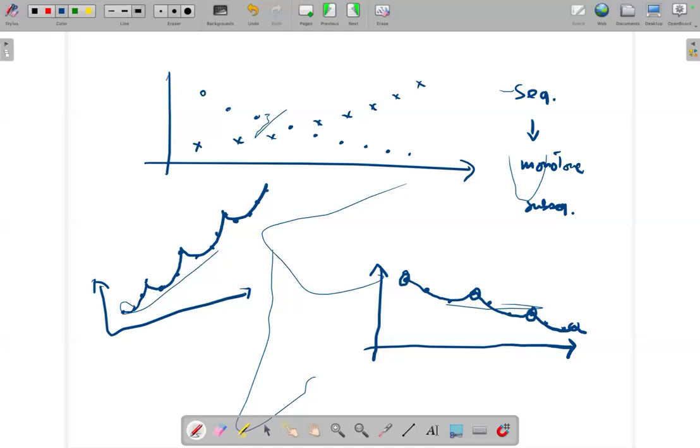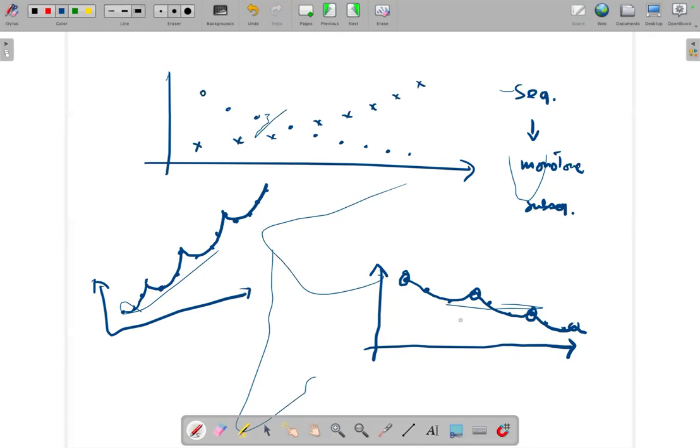So now I have my peaks in increasing order. Someone might question what happens if this is not true, or this is not true. You can mathematically show that if this is not true, then this will surely happen, or if this is not true, then this will surely happen, after some stage, maybe.